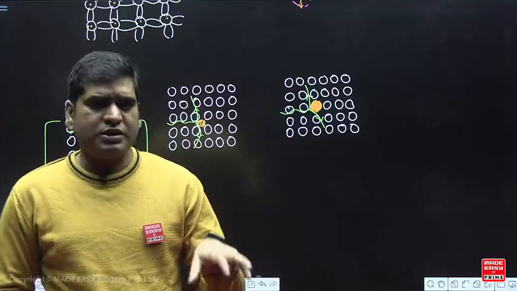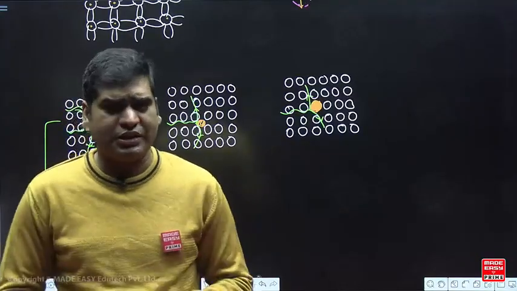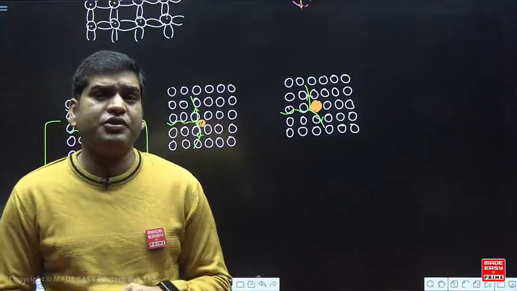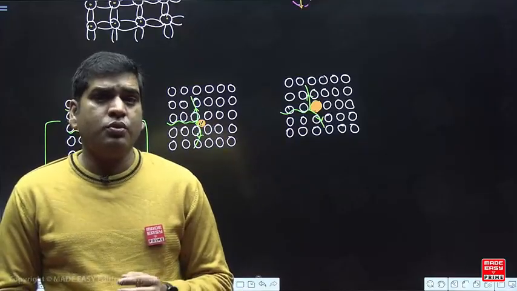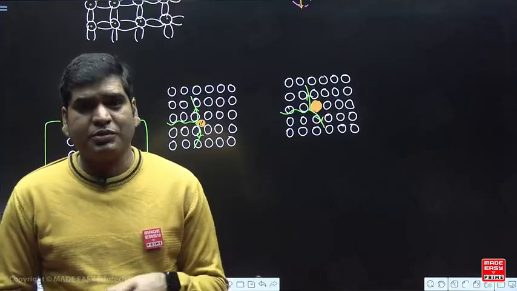But if there is a vacancy, an interstitial defect, or a substitutional defect, it is scattering the electron. And this scattering results in a decrease in conductivity or an increase in resistivity of the material.